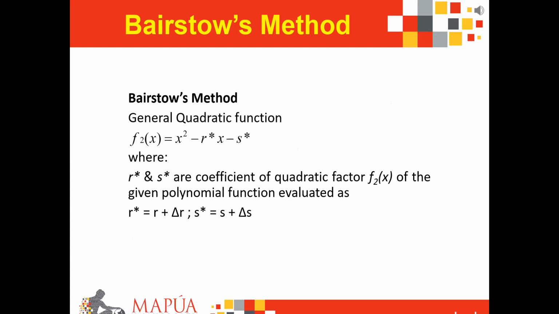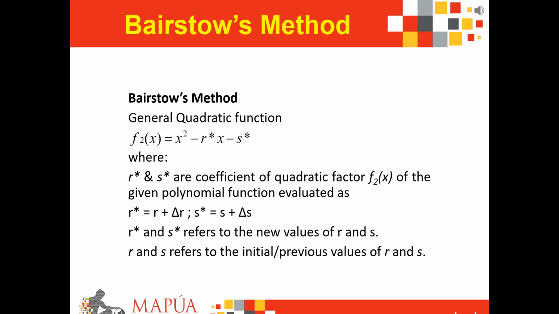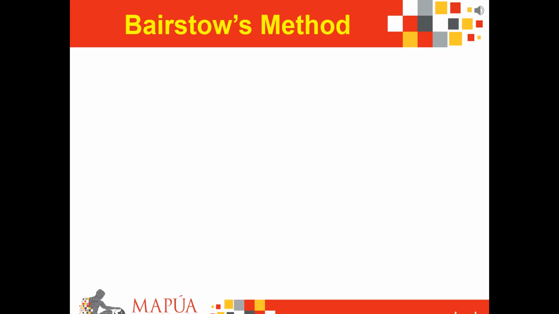Note that in order to evaluate the new value r and the new value s, it is simply equivalent to the previous r plus delta r, or previous s plus delta s. Therefore, r and s refer to the initial values of r and s, and delta r and delta s imply changes in the values of your r and s.